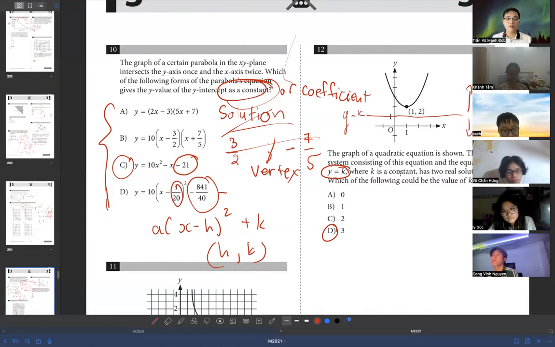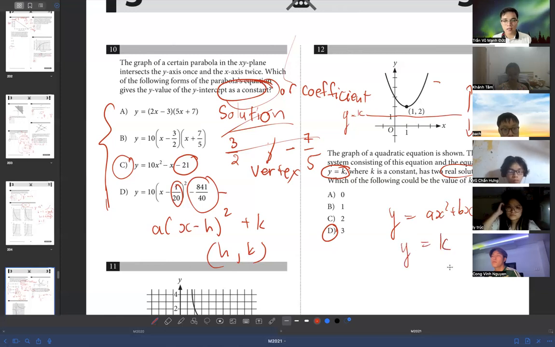And every time they ask for the number of real solutions, we're going to find the intersection between this line and the function in question. So essentially, you remember when we equate the y values, we have, for example, y equals ax squared plus bx plus c, and we have y equals k. If we equate these two equations, we have k equals ax squared plus bx plus c.